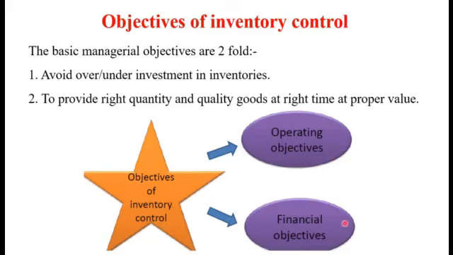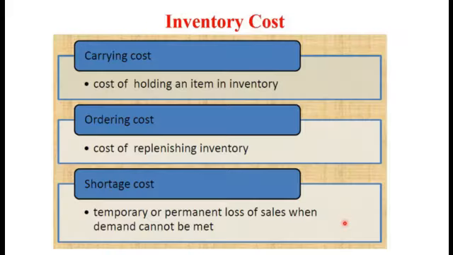From the financial objective point of view, inventories are controlled to reduce inventory cost. From the operating objectives, we also control storage space or rent, which is also very important.